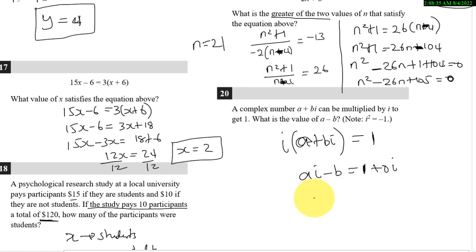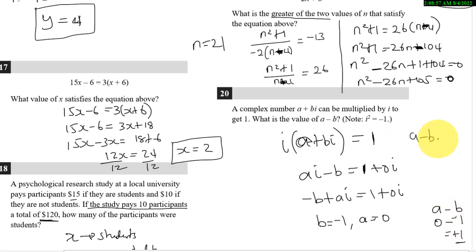This is the same as negative b plus ai is equal to 1 plus 0i. The value of b is negative 1. The value of a is 0. So a minus b is 0 minus negative 1, which is positive 1. So the value of a minus b is 1.